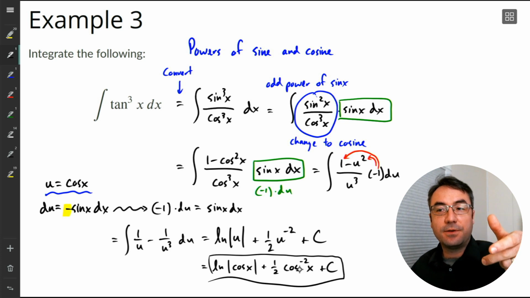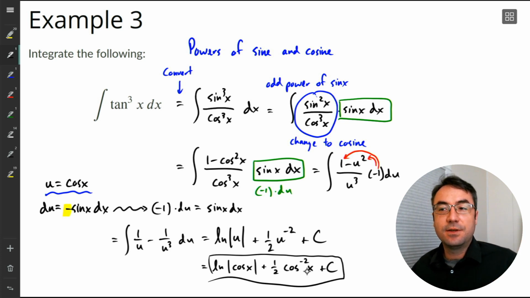That's the reciprocal of cosine squared. So that's going to be a secant squared here. So there's a little bit of kind of fun you could have by just using some log properties, using some trig properties, and you should be able to see that these two antiderivatives that we have, they look very different, but they're actually equivalent.